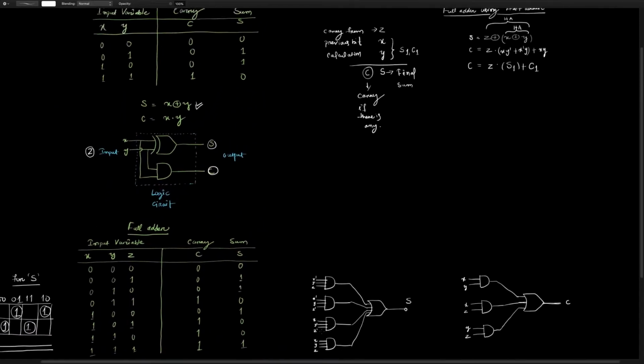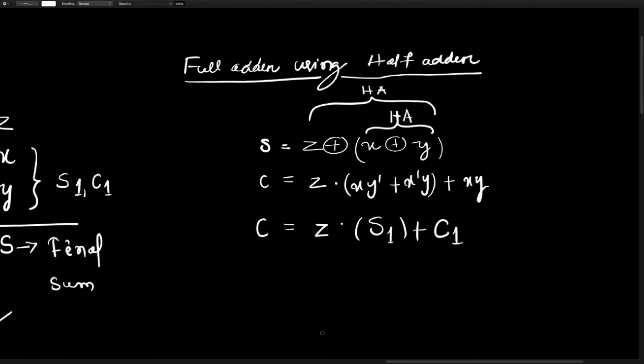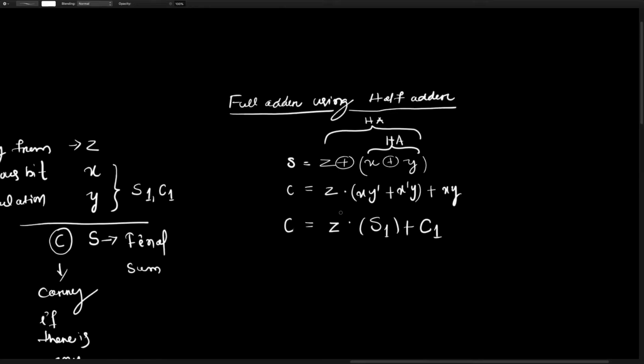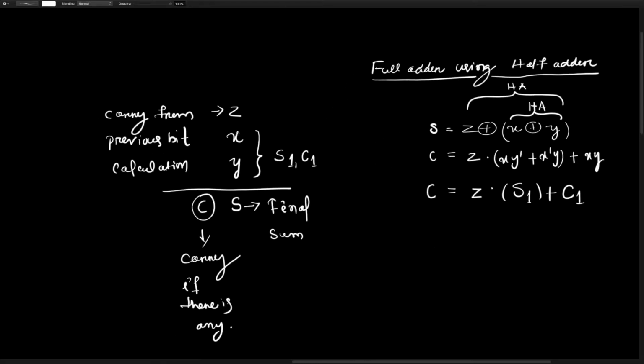Now let's get to a final concept: how to implement a full adder using multiple half adders. When you are adding 3 bits, you first have to add the first two bits, x and y. That gives you one summation S1 and one carry C1.